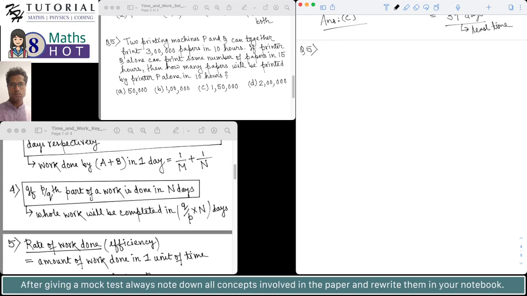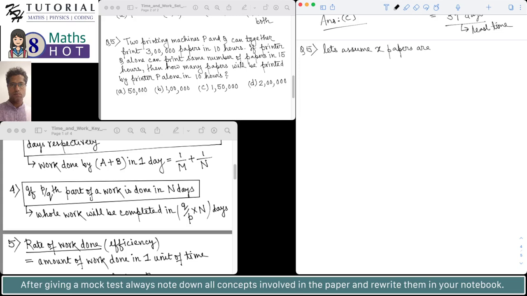Okay, the way we will solve it is, let's assume that X papers will be printed by printer P alone in 10 hours. Printing the papers is the work done.